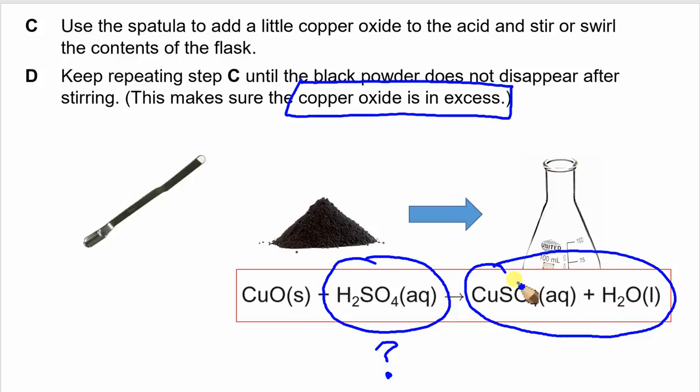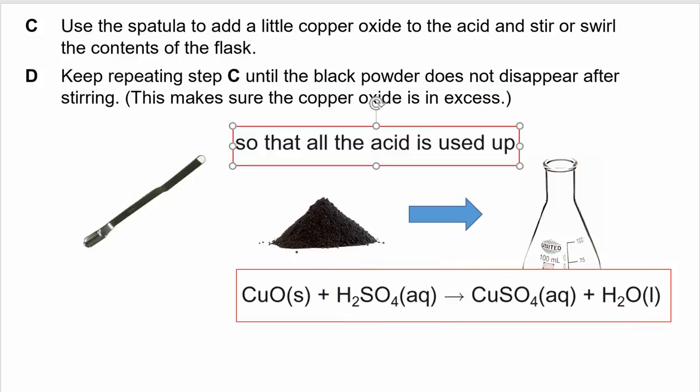There's no more sulfuric acid for the copper oxide to react with, and it can't dissolve in the water. So what we see the copper oxide doing is falling to the bottom of our conical flask because it's an insoluble base. So we keep on adding copper oxide until we can see it on the bottom of the conical flask. That means we've added it in excess.